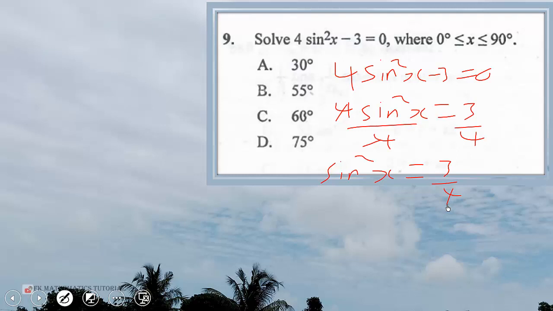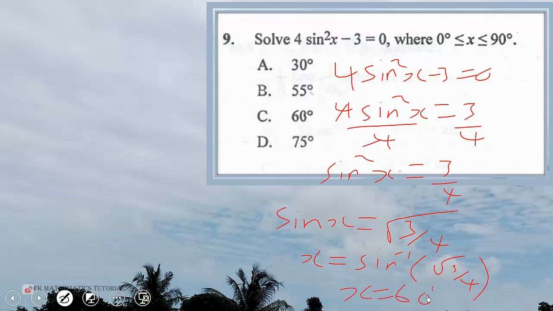So sine x will be equal to positive square root of 3 over 4. So x will be equal to sine inverse of square root of 3 over 4. So sine inverse, make sure that your calculator is in degrees. Then you press shift sine inverse on your calculator, then type square root of 3 over 4, and that should give you 60 degrees. So x will be equal to 60 degrees.